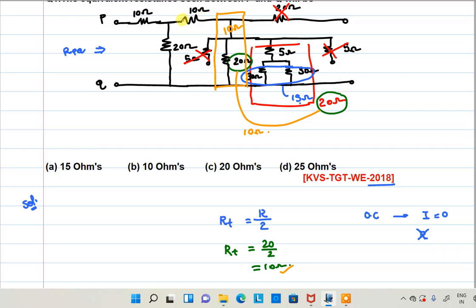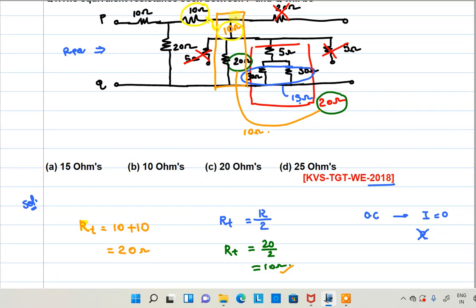Now this 10 ohm and this 10 ohm are connected in series. I will use another color. This 10 ohm and this 10 ohm are connected in series. So R equivalent is equal to 10 plus 10, that will be equivalent to 20 ohms.